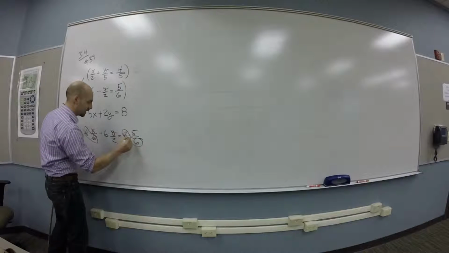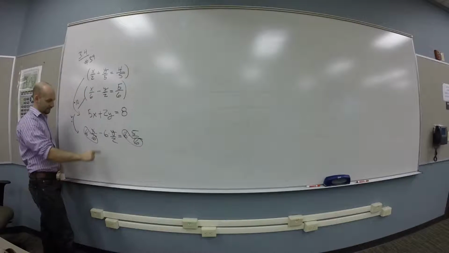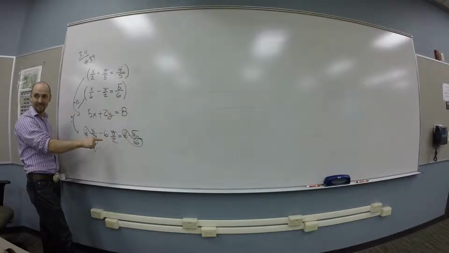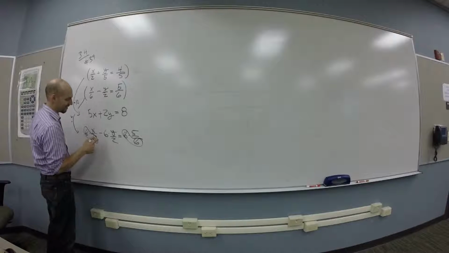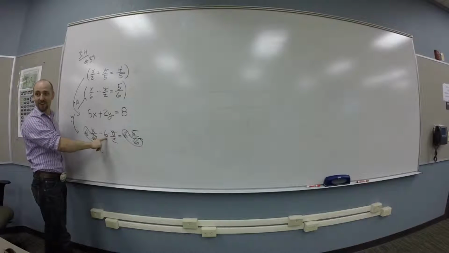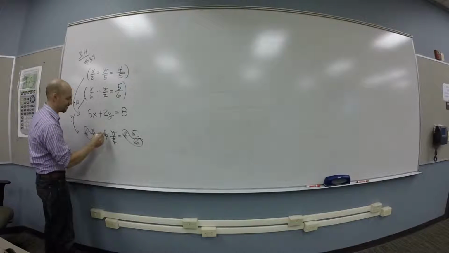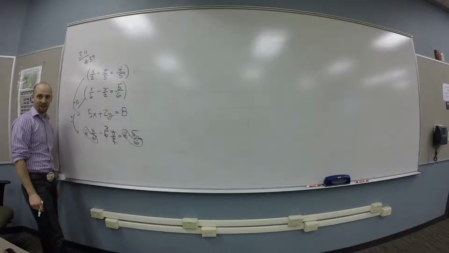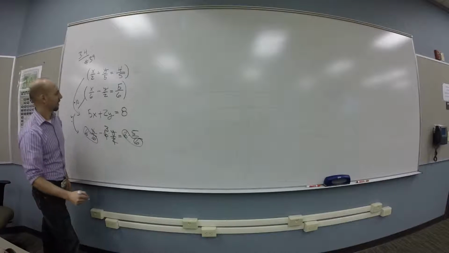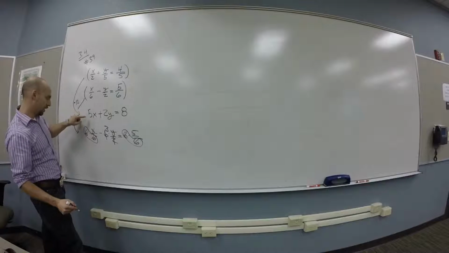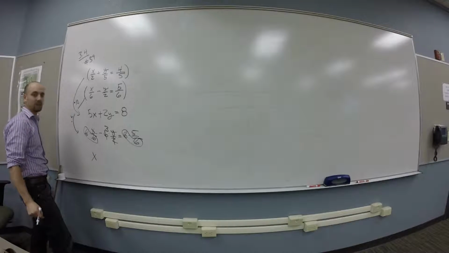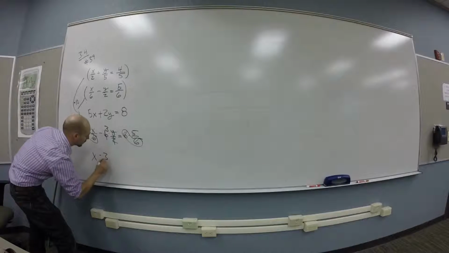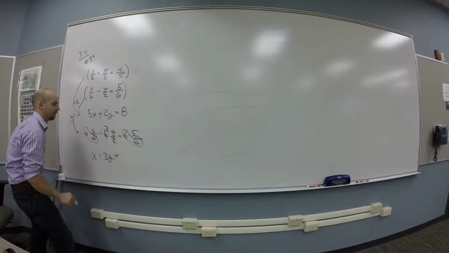That stuff's a onesie. And this stuff is a 3z, right? 6 is 2 times 3, so I can cancel one of the 2's, so I'll be left with a 3 on top. So all told, I've got my first equation, and this one becomes x minus 3y is 5.